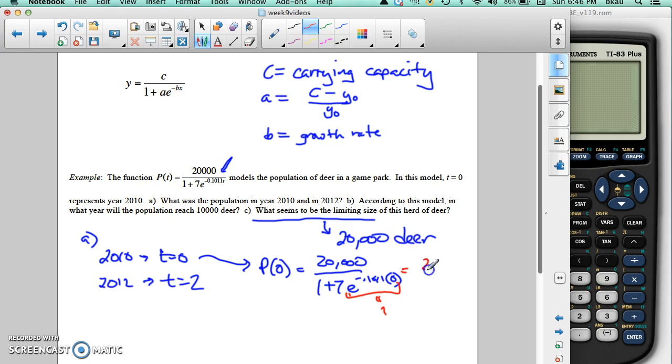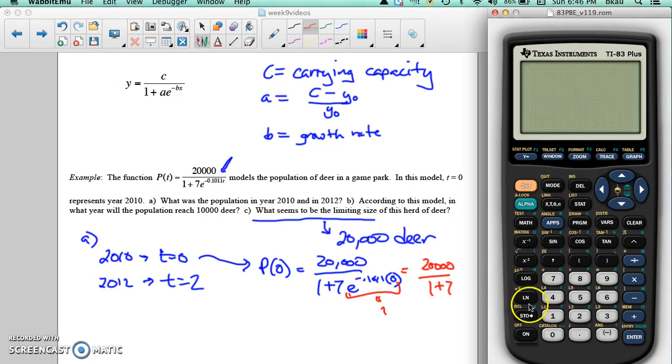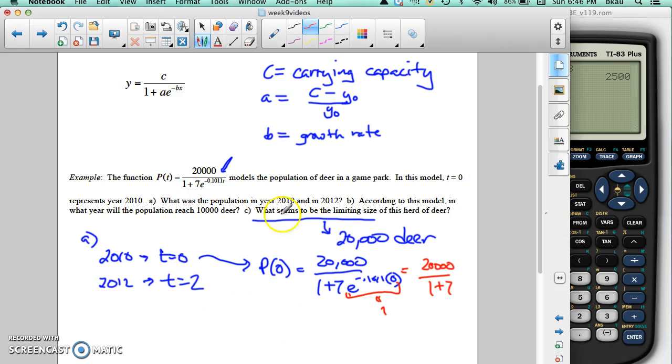So my answer is 20,000 divided by 1 plus 7, or 20,000 divided by 8. So my population is going to be 2,500 at the start in 2010. So P of 0 equals 2,500 deer. We start at 2,500 deer and then move our way up.